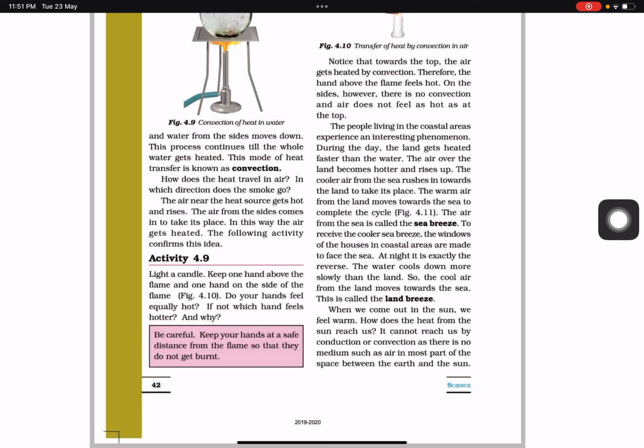So ये क्या कन्वेक्शन हुआ. And at the night the land cools up, and the cool winds from the land run to the sea, and the hot sea takes more time as compared to land to heat up.